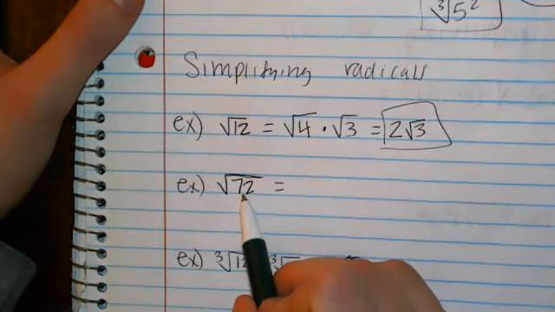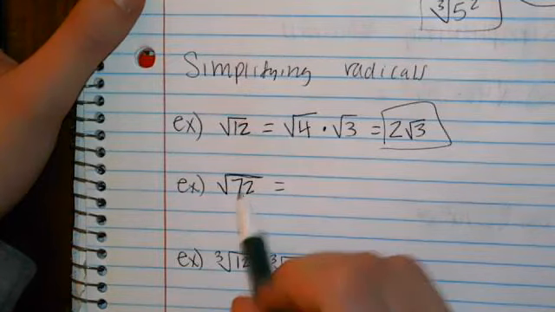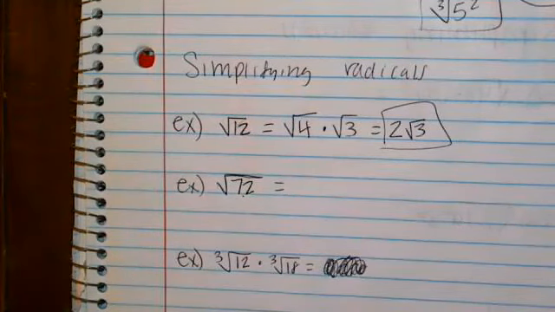So we get 72 then. Square root of 72. So we start thinking, what are some factors of 72 that might work here? What can 72 be divided by? The first thing I think of when I think of 72 is that it's divisible by both 8 and 9.